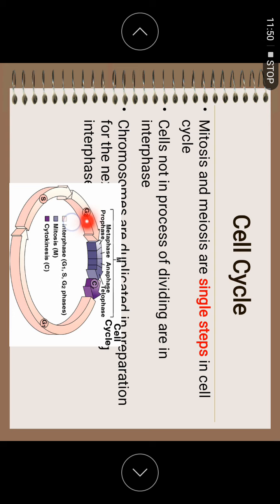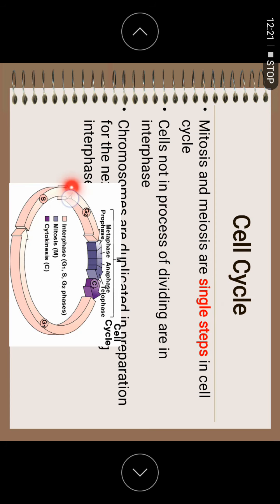To produce somatic cells, they will undergo mitosis and then stop, and two daughter cells are produced. But if it's meiosis, after G2 it will undergo meiosis and then stop, finished. Understand? They are all single steps in the cell cycle.